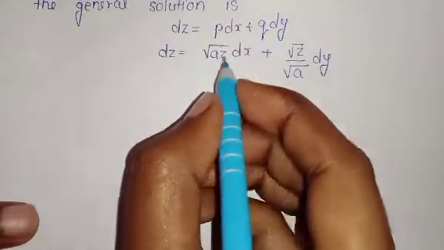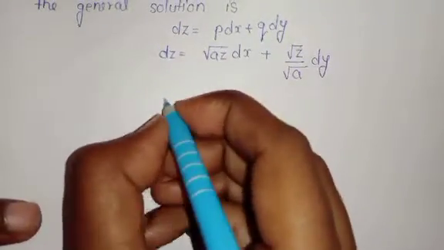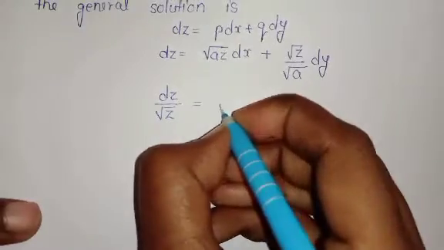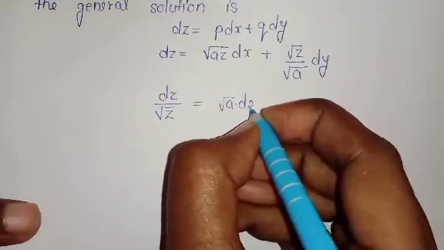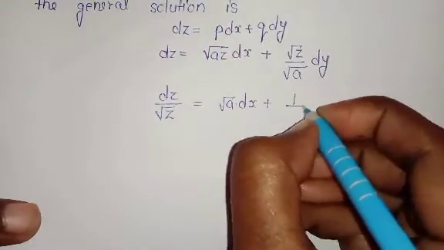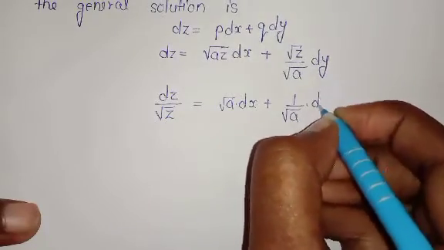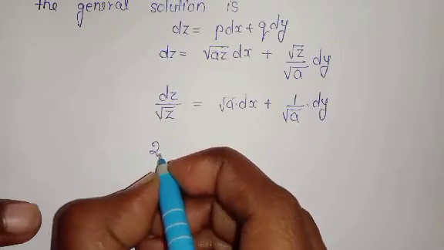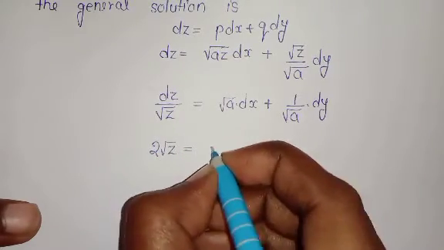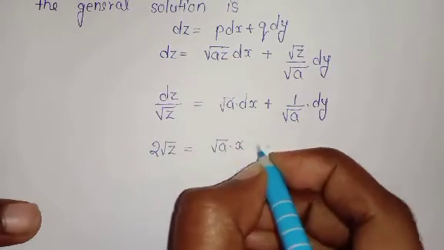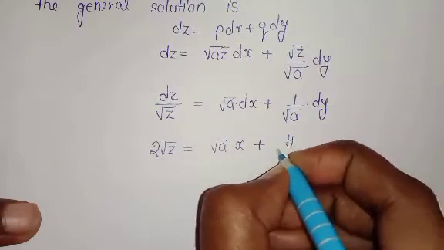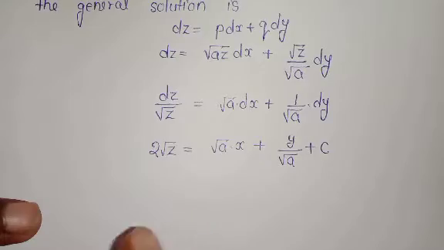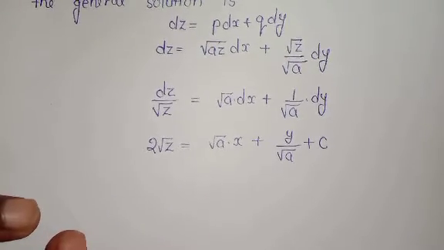Now if we take the terms of z to one side, this becomes dz by root z is equal to root a into dx plus 1 by root a into dy. On integrating we get 2 root z is equal to root a into x plus y by root a plus integrating constant c, and this becomes the general solution for the given equation.